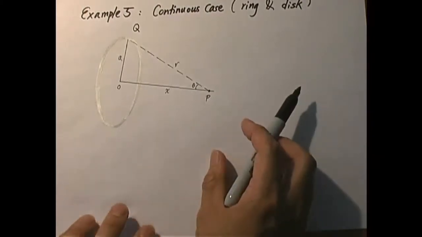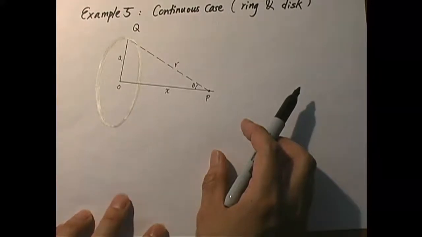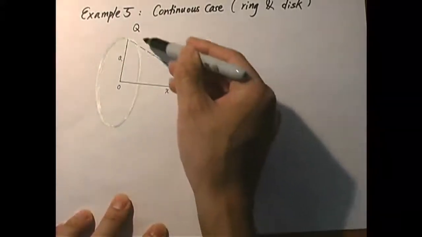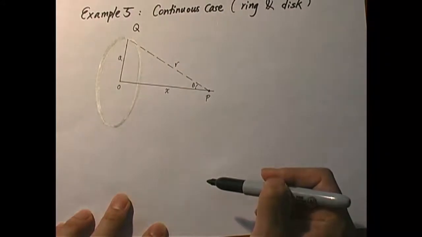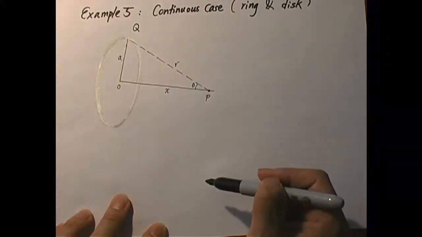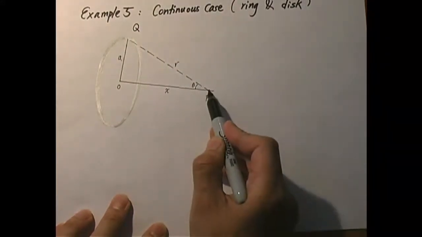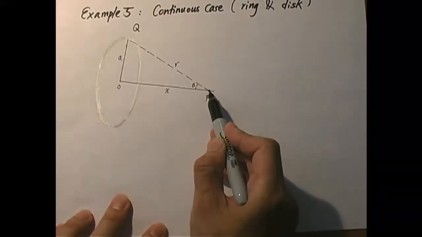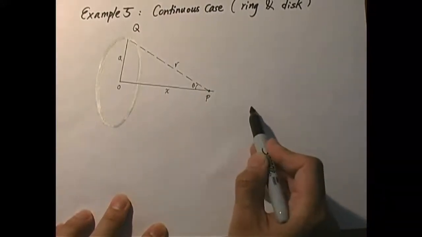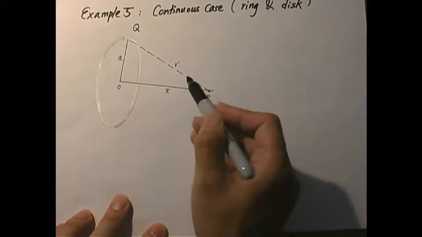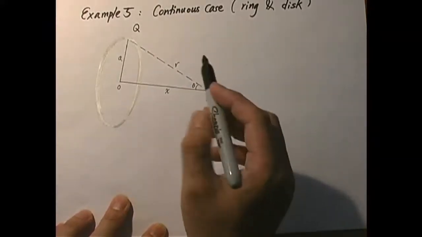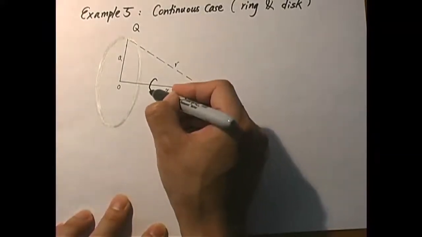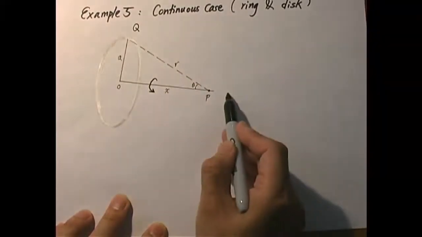Well, first thing first, due to the symmetry, remember it's a uniformly charged ring. Due to the symmetry of the system, can you tell me the direction of the electric field at this point? Should it point like this or like that? Well, remember, this is rotationally symmetrical. In other words, you turn this thing about its axis, the electric field should be the same, right? Should not change at all.